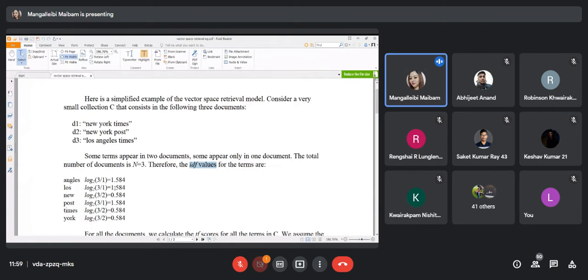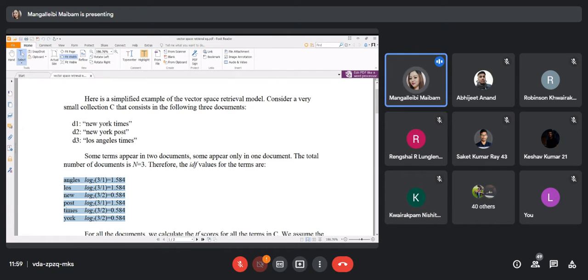And for finding the IDF values for this particular example, that is our vector space retrieval model, we need to use log base 2. For others, you have to use log base 10, and only for finding similarity, we have to use log base 2. So don't get confused while calculating the IDF values.